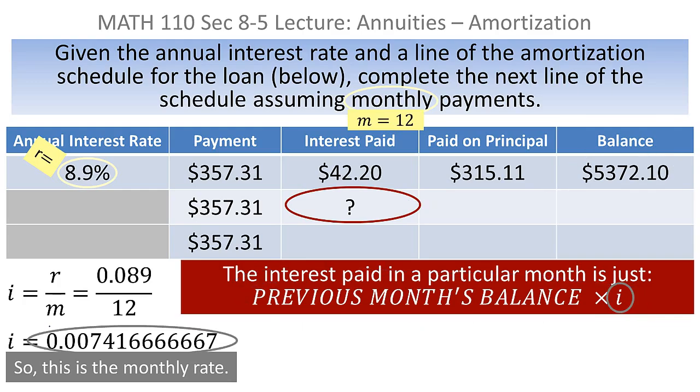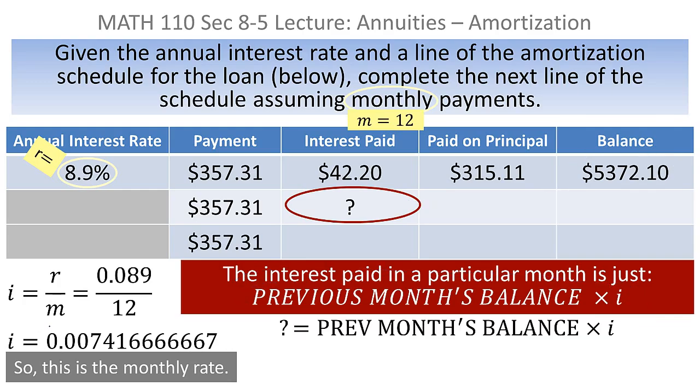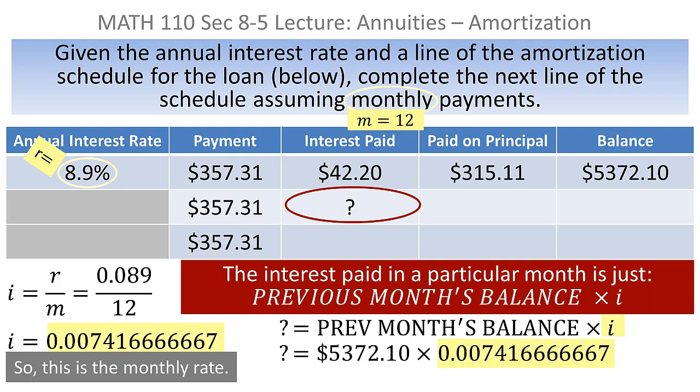So if I take the little i value, plug it into the formula, along with the previous month's balance, which again, you're just going back and looking at the balance on the line before the line you're on, multiply those two values together, and you get $39.84. So that was the amount of interest paid.